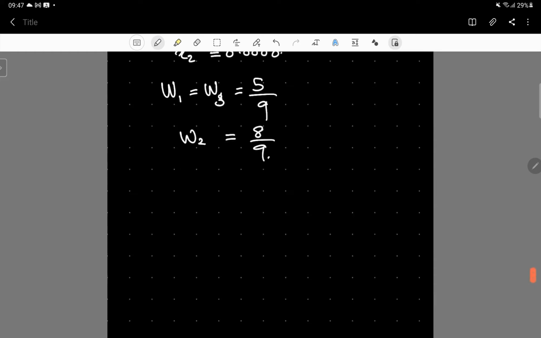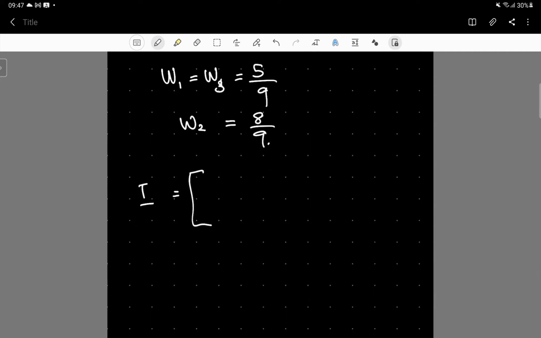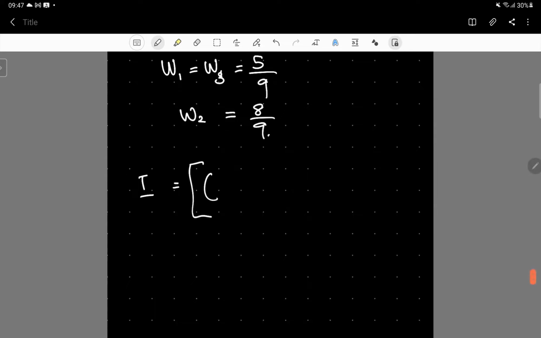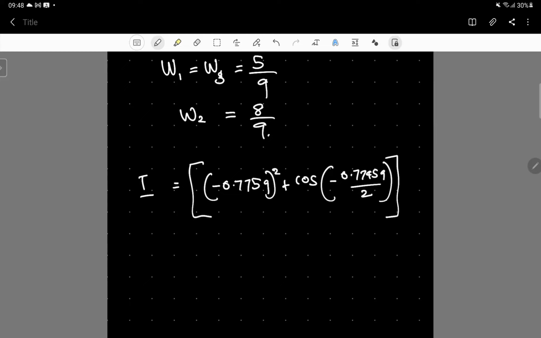So then the integral simply becomes, I will skip certain steps and write it down. x squared, let's select x1 first, meaning minus 0.77459 squared plus cos of minus 0.77459 divided by 2, of course in radians, multiplied by 5/9.